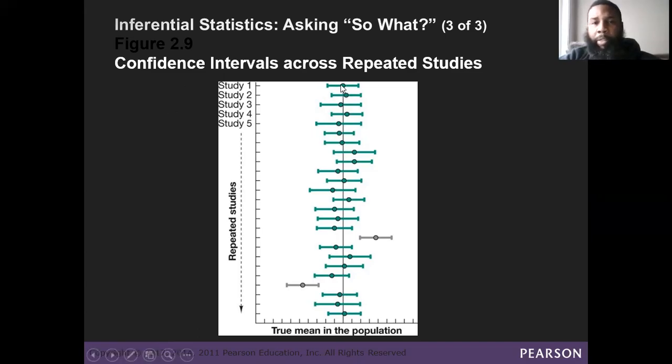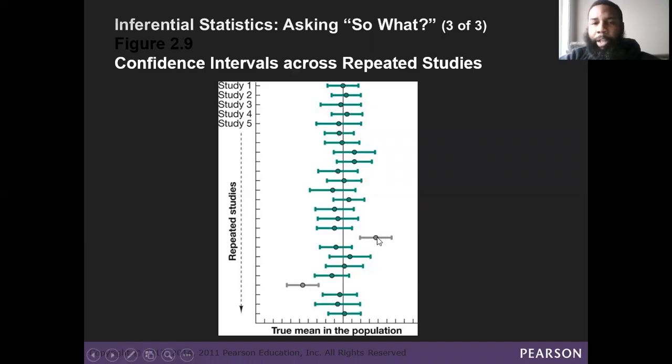So in study 1, this was our average, but the real mean of the actual population is somewhere in this range. In study 2, this was our mean, but in the population, the real mean is probably between this range, right?